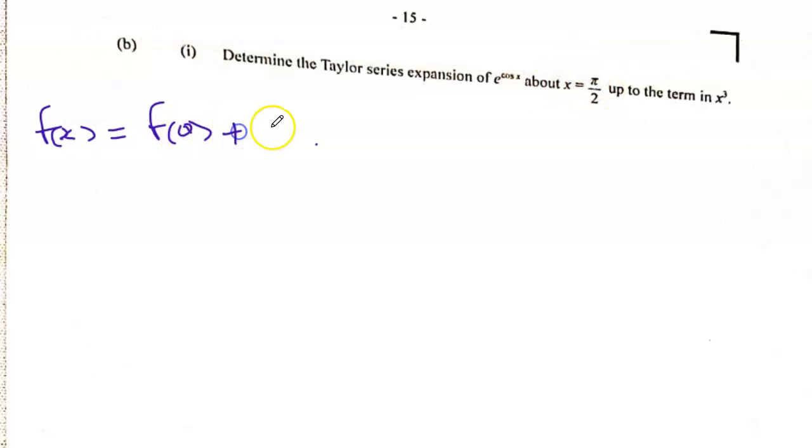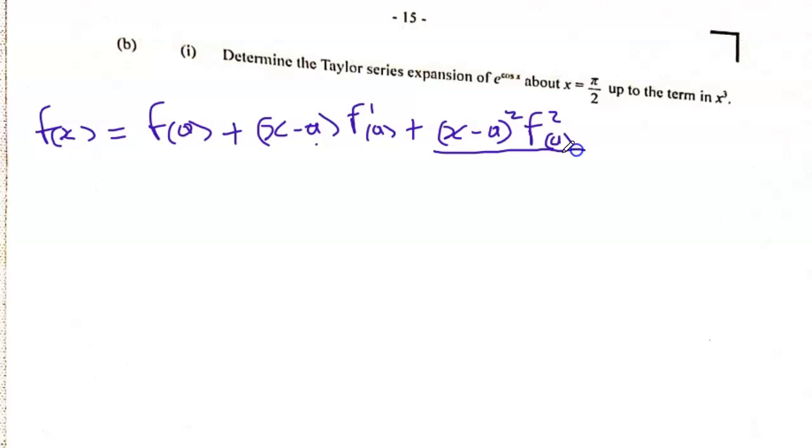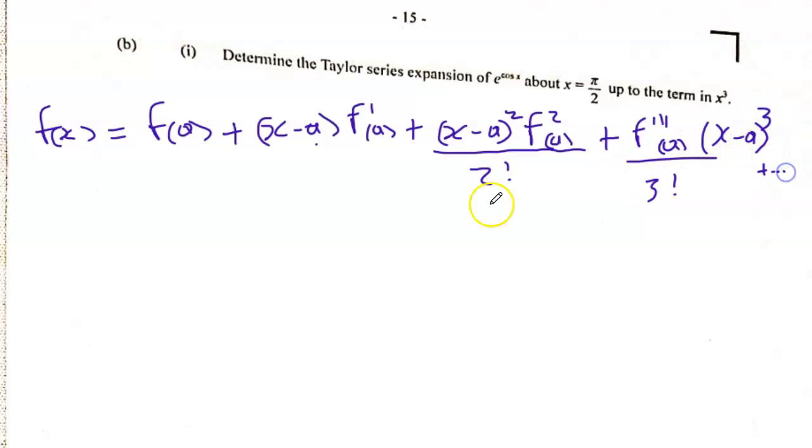f of a plus x minus a times f prime a plus x minus a squared, second derivative evaluated at a, over 2 factorial, plus third derivative at a over 3 factorial, x minus a cubed, plus that.